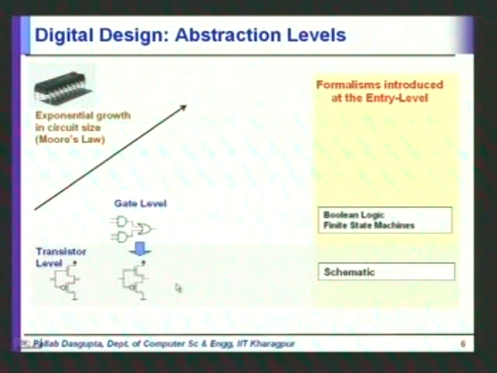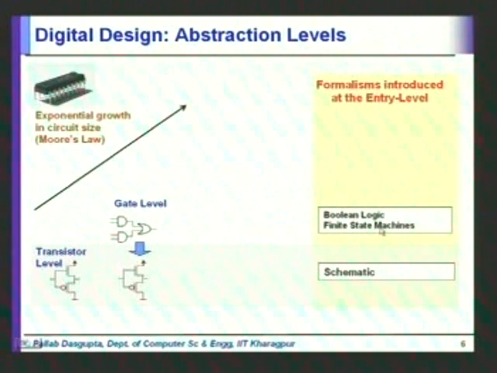Okay? Then when the transistor level designs started becoming too complicated, we raised the level of abstraction. We said that we can't specify everything at the transistor level anymore. Let us use gates to specify the design, gates and flip-flops, and the corresponding formalism is Boolean logic.